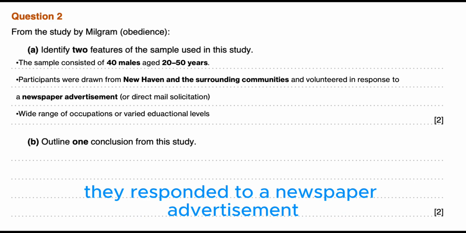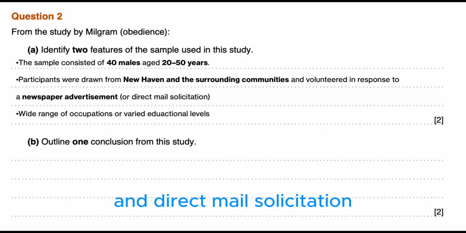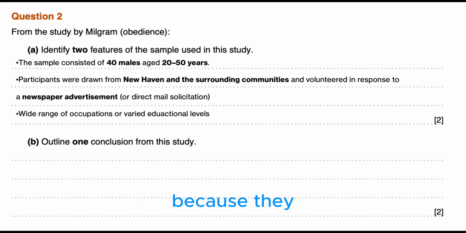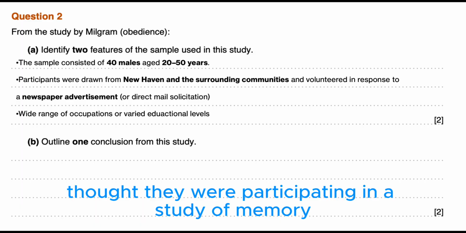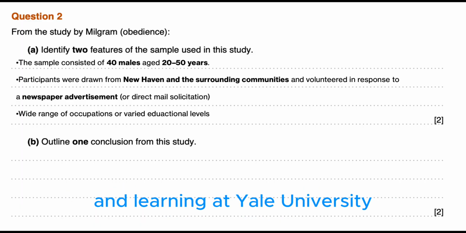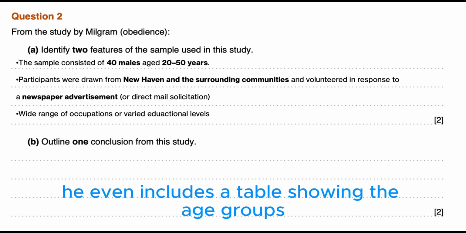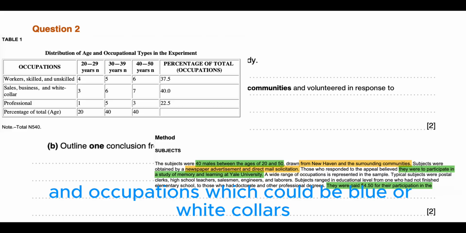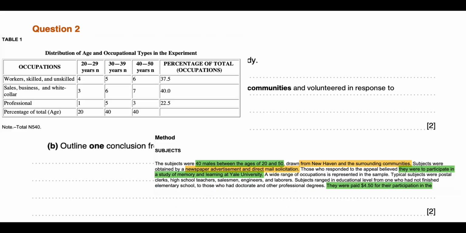They responded to a newspaper advertisement and direct mail solicitation because they thought they were participating in a study of memory and learning at Yale University. He even includes a table showing the age groups and occupations, which could be blue or white collar: postal clerks, teachers, salesmen, engineers, laborers, etc.